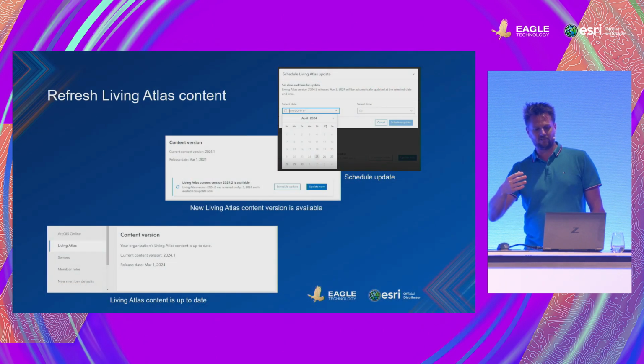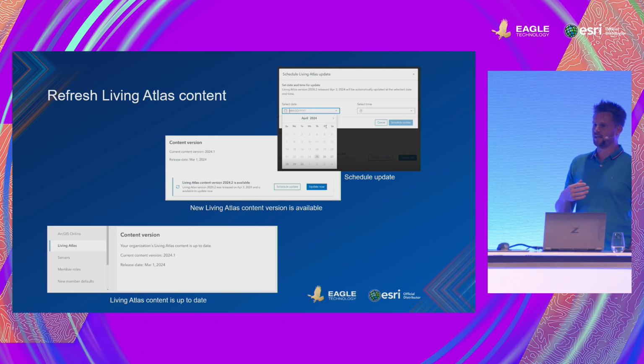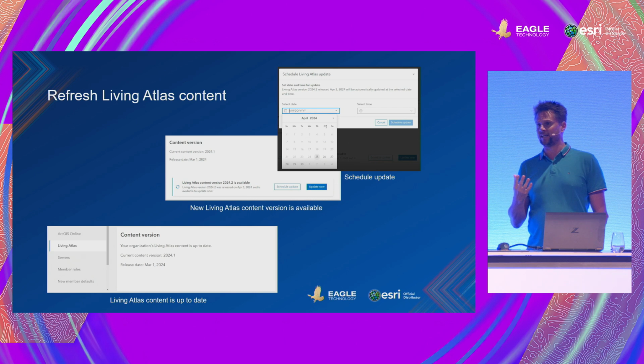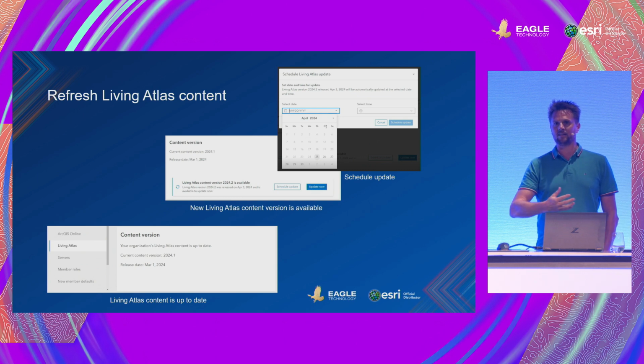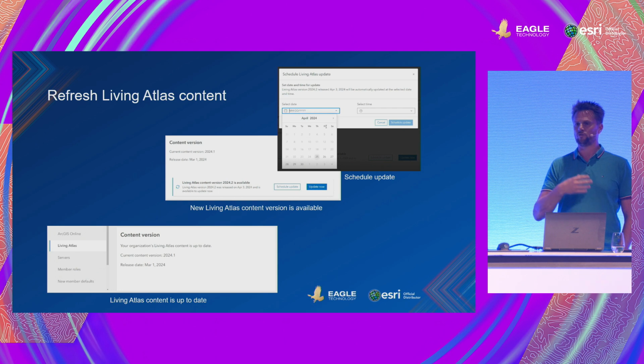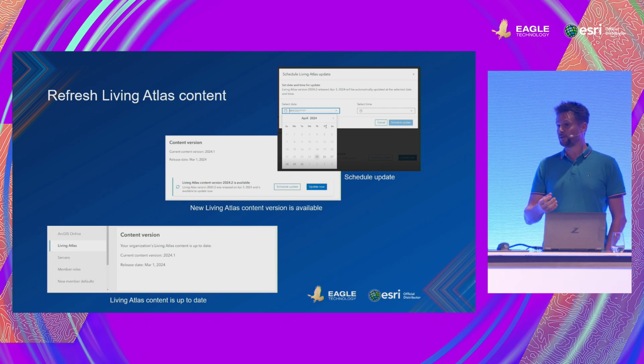One is, as the lead of the content team at Eagle, important to me, and that is being able to refresh Living Atlas content. So it's called Living Atlas, and that is because it's a living thing. There's layers and maps and apps being added continuously. Previously, you would need to upgrade your ArcGIS Enterprise to make use of the latest layers.